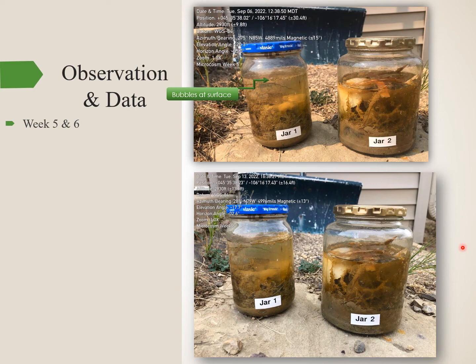Jar 1, week 6, gas exchange is still taking place, bubbles on the surface here. Jar 2, this section here is algae on the surface. Gas exchange still taking place. As you can see on the surface, bubbles were still forming there. The cattails decomposed significantly in week 6, on jar 2.